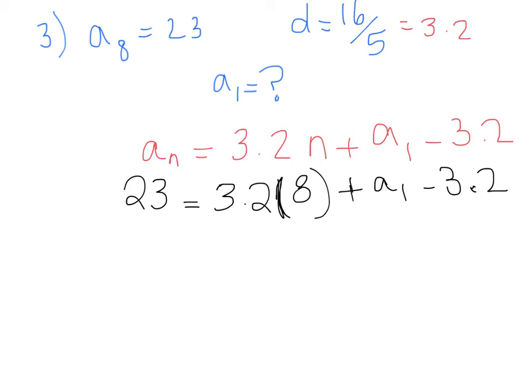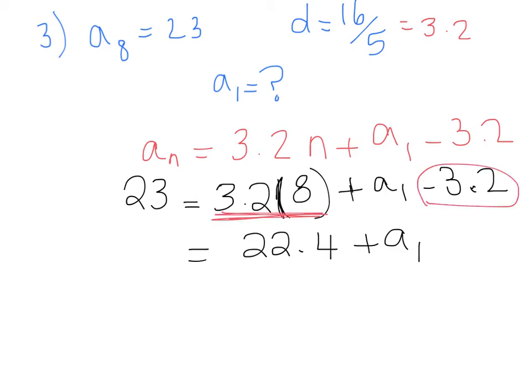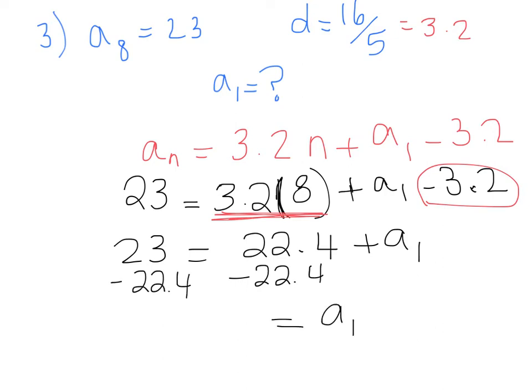So 3.2 times 8 minus 3.2, that's 22.4. So 22.4 plus a sub 1. Again, I am combining like terms. So multiply, then subtract this. And that whole thing is equal to 23. Well, how do I move the 22.4 to the other side? Subtract it. So minus 22.4 to the other side, and all of a sudden a sub 1 should be 0.6.